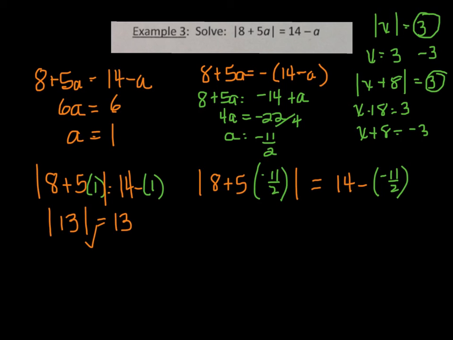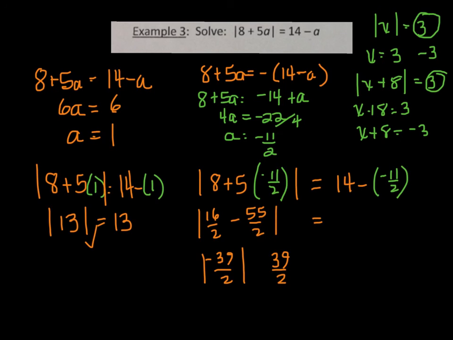And if you put this left side in your calculator, you will get the absolute value of 16 over 2 minus 55 over 2, which is the absolute value of negative 39 over 2. So the absolute value of negative 39 over 2 is 39 over 2.